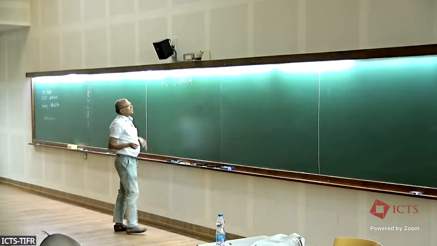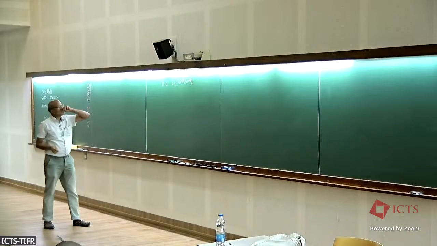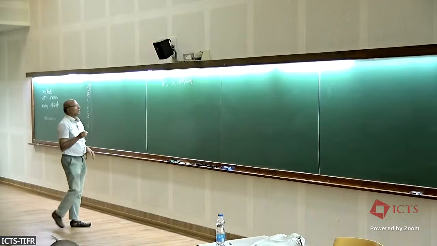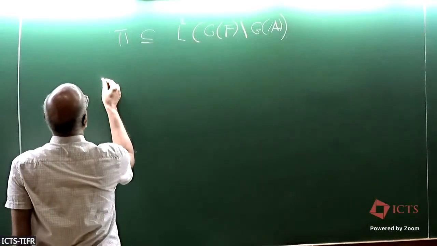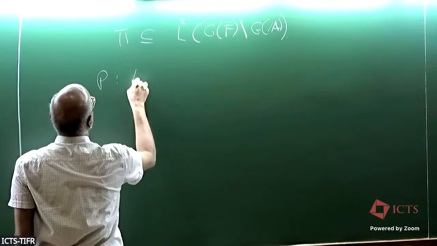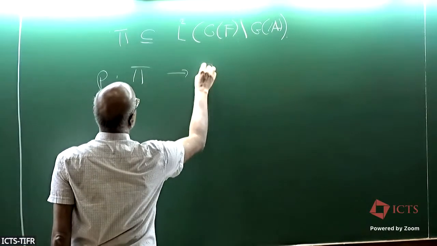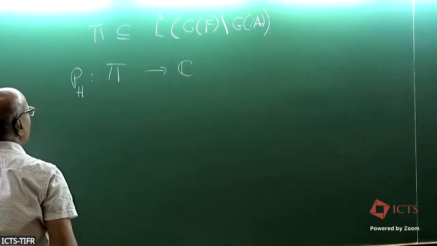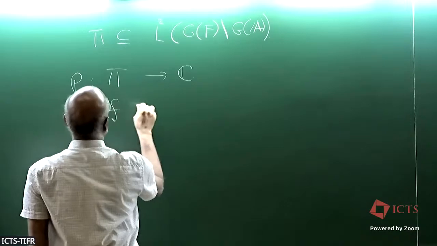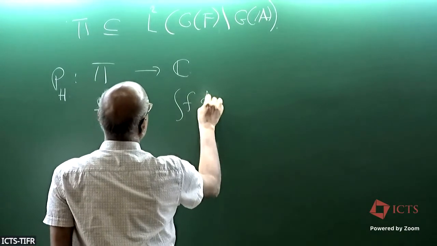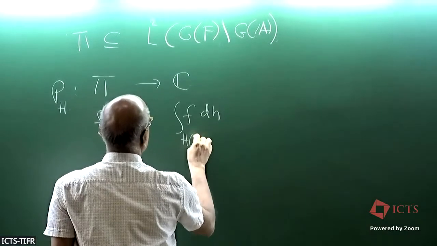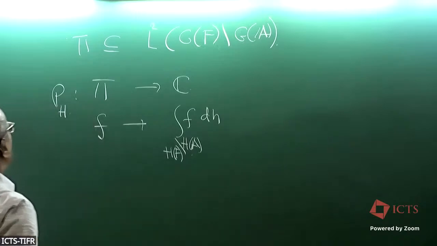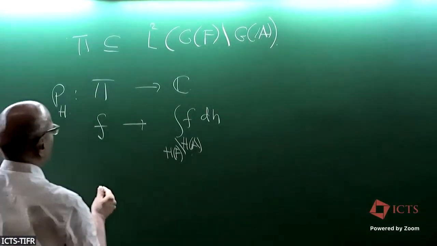Most of the time I will be quite elementary, but for the moment, these are automorphic representations on a reductive group. And one defines the period integral P. It's a linear mapping from pi to C. And its period integral on a subgroup H by sending a function f to integral f dh over HA mod HF. And this is an HA invariant linear form.